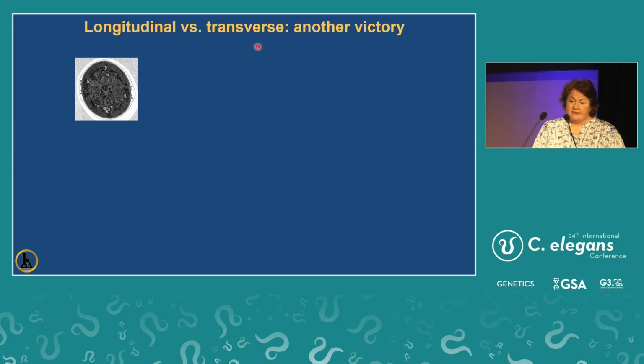Another huge thing about array tomography is that you can very easily change the orientation of sectioning. Most of us are used to this transverse orientation, right, the sausage way.